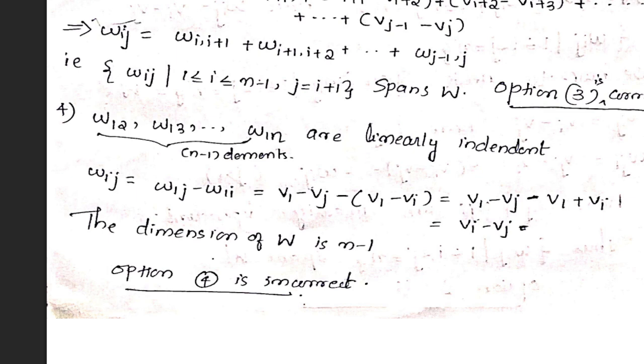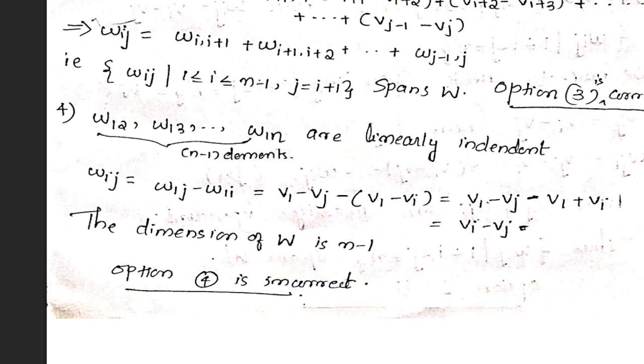We can expand this. W1j is equal to V1 minus Vj, minus W1i, which is V1 minus Vi. So it is V1 minus Vj, open the bracket, then we get minus V1 plus Vi, cancel V1, so we get Vi minus Vj. Vi minus Vj is equal to Wij.